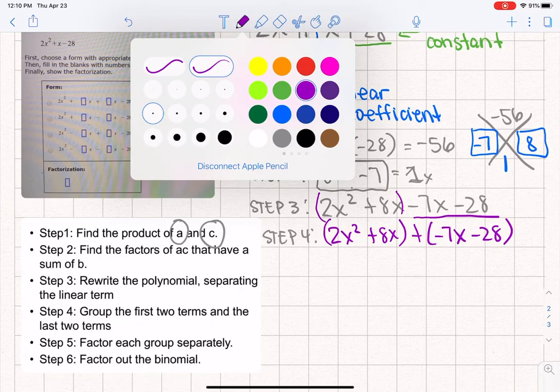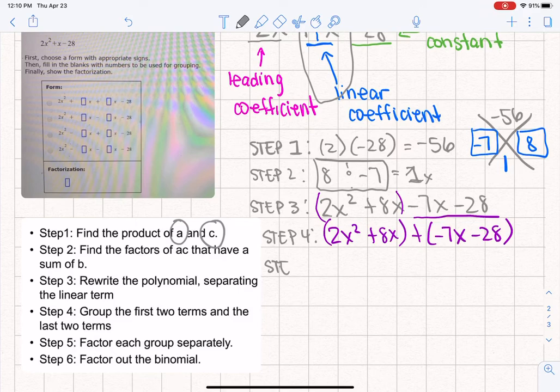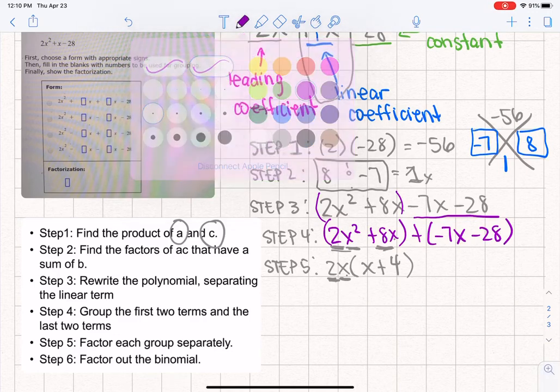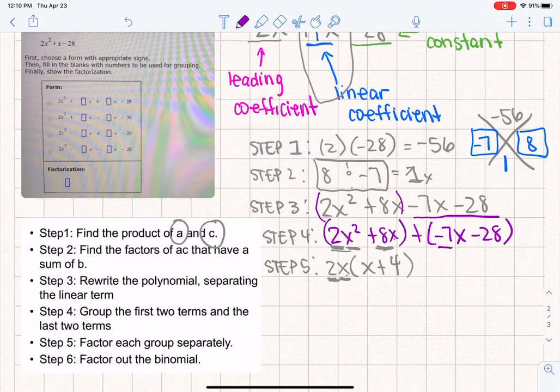Then it says to factor each group separately. So step 5. Here I can take out a 2 and an x from each one. 2 divided by 2 is just 1, x squared divided by x is just x, plus 8 divided by 2 is 4, and I take out an x, so I don't have any x's left. Here I can actually take out a negative 7.